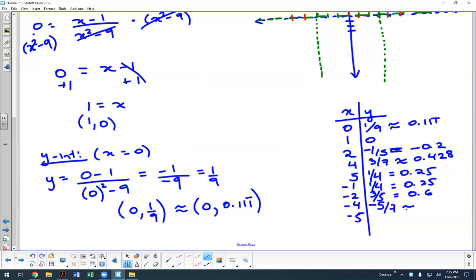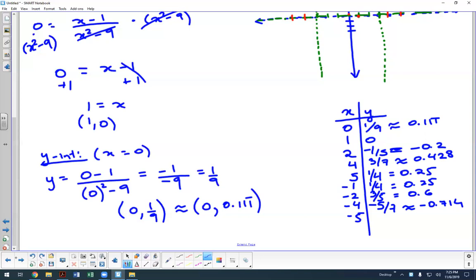As a decimal, 0.7142, so -0.714. And x = -5 is negative 3/8.